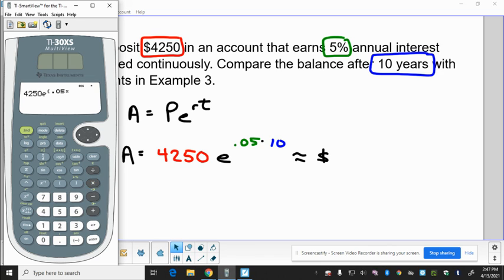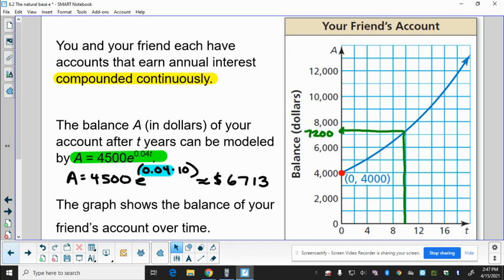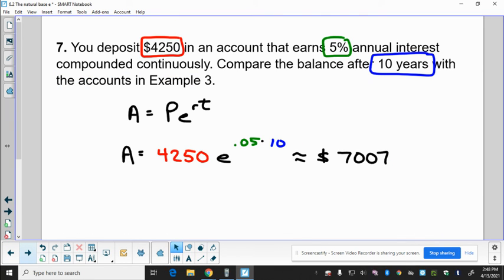We don't know the interest rate on your friend's, but it's the same time period. $7,007 approximately. And if you compare that back to you and your friend's, I'd say it's pretty close to your friend's. It's hard to tell exactly what your friend's is, but pretty darn close to that. So that's interesting to at least analyze that situation.